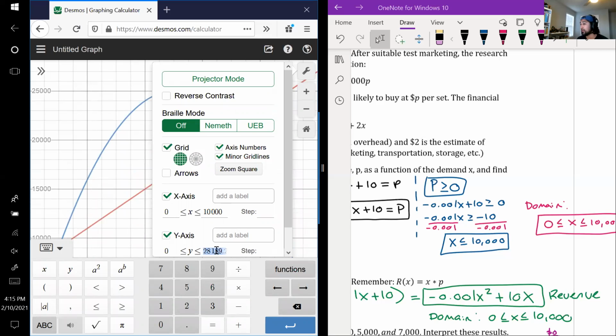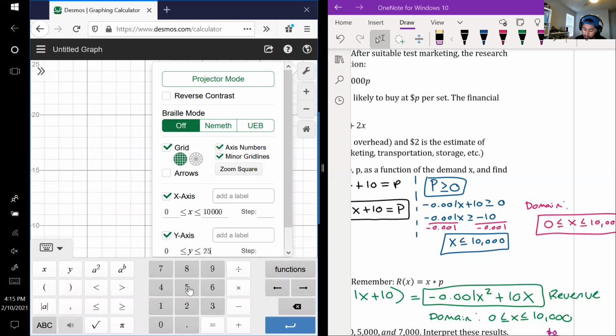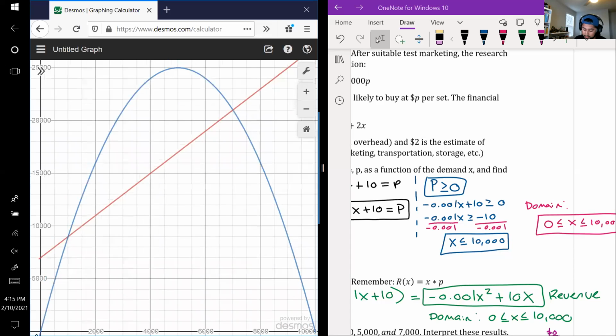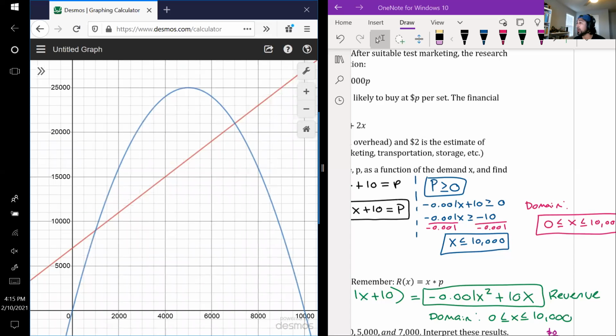For this one, I had to play around, and I went ahead and chose 25,000. If you really want to know how to get that value, you're going to have to find the vertex of the revenue function. But again, I'm just saving you some time here. 0 to 25,000. Once you put your restrictions in, look what we have. We have a nicely graphed revenue and cost function.